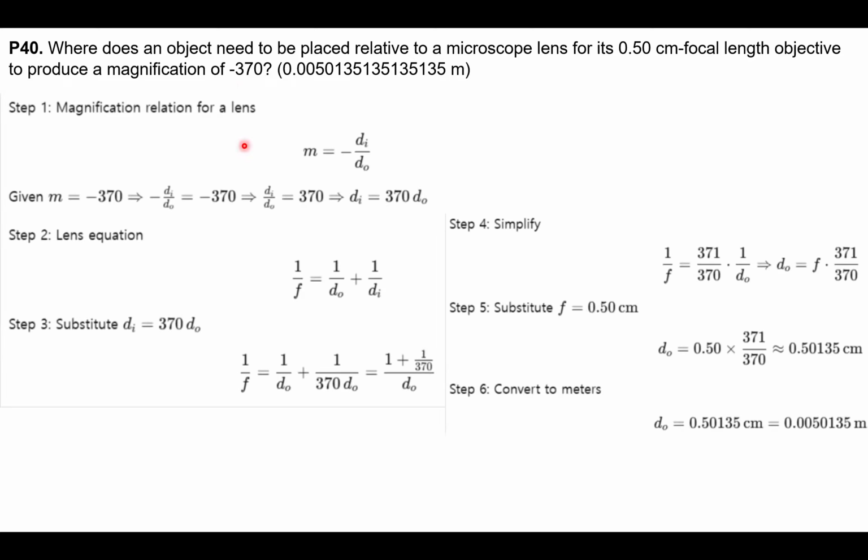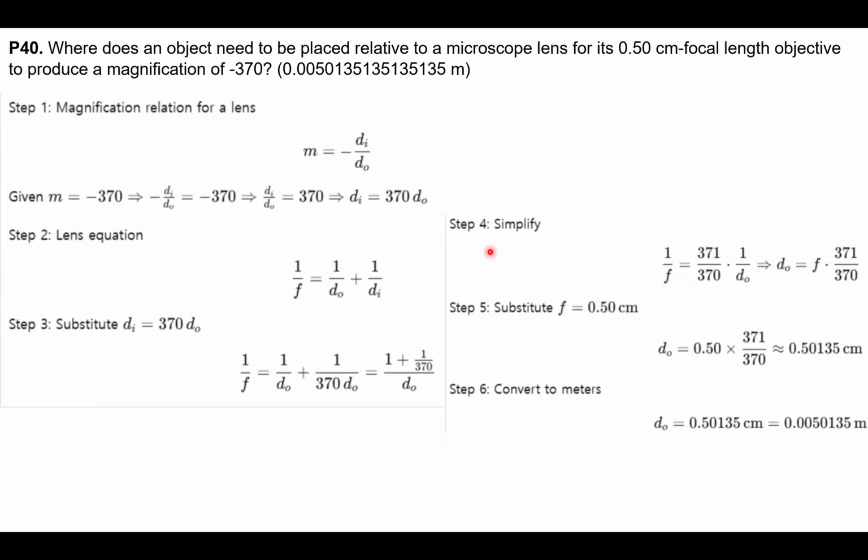So here, the magnification formula is this one: DI, image distance, over DO, like this. And what is given here is the magnification, so the DI is 330 times DO. And then using the lens equation, with DO and DI, you get this relationship.